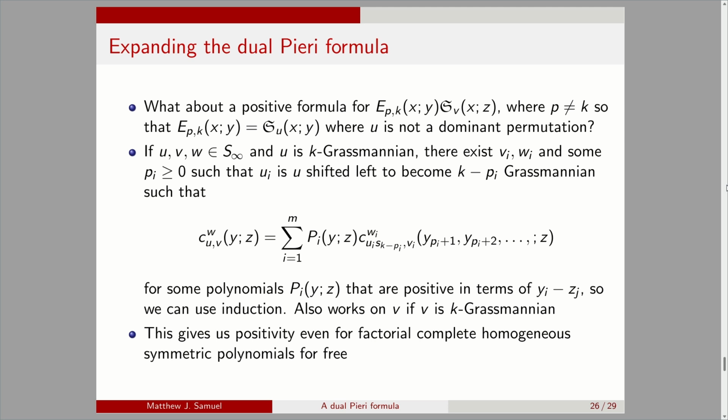So this also works on v, but the formula is different. So this actually gives us, for free, positivity for multiplying a factorial complete symmetric polynomial by an arbitrary double Schubert polynomial. But I wouldn't call it a formula, like I said. It just expresses positivity.